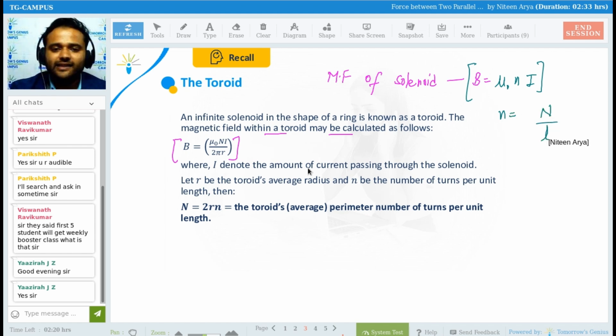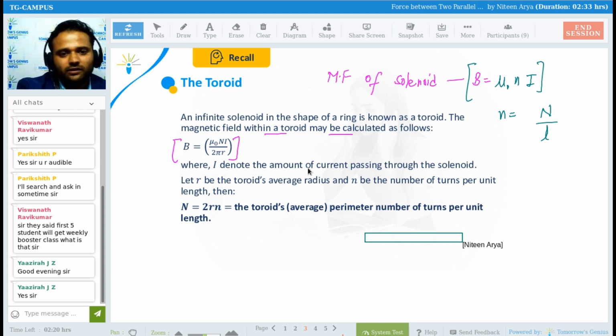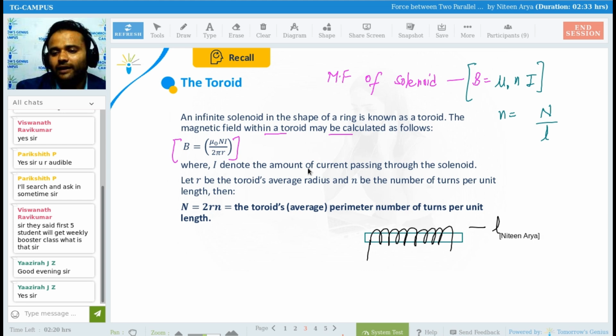Here L is the length of the solenoid. If I convert this particular length into this, which looks like a circle, nothing is going to change except the manner we write it.